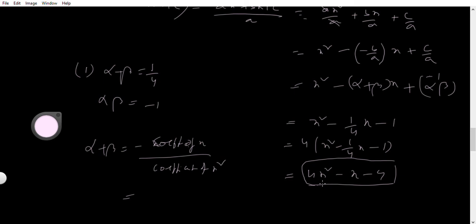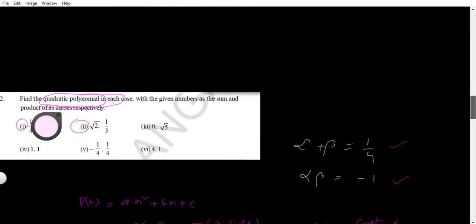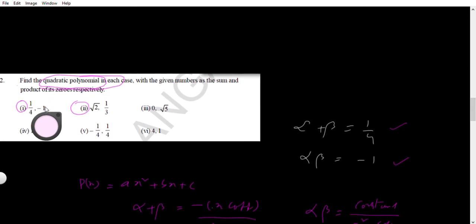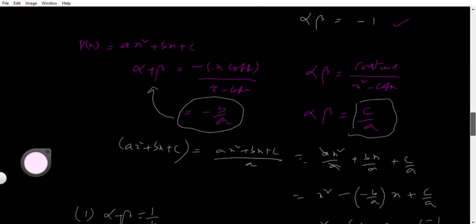Here the coefficient of x square is 4, which I write in the denominator, and the coefficient of x is minus 1. So minus of minus 1 by 4. We get it right. In this question, the sum of zeros is 1 by 4, and we get it from this quadratic polynomial.